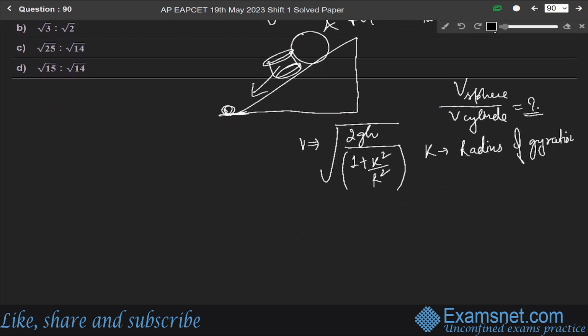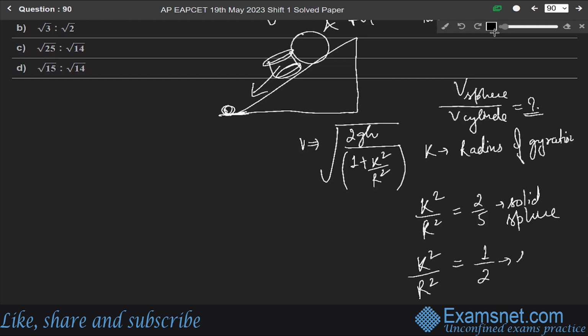This k square over r square is equal to 2 by 5 for a solid sphere, and we know that this ratio equals 1 by 2 for a solid cylinder. Now just put the values for sphere and cylinder in this velocity.